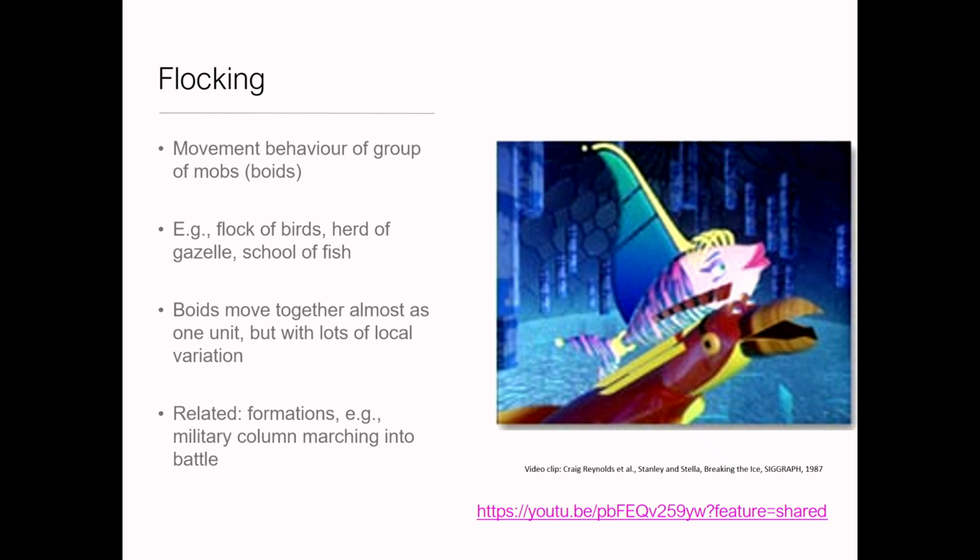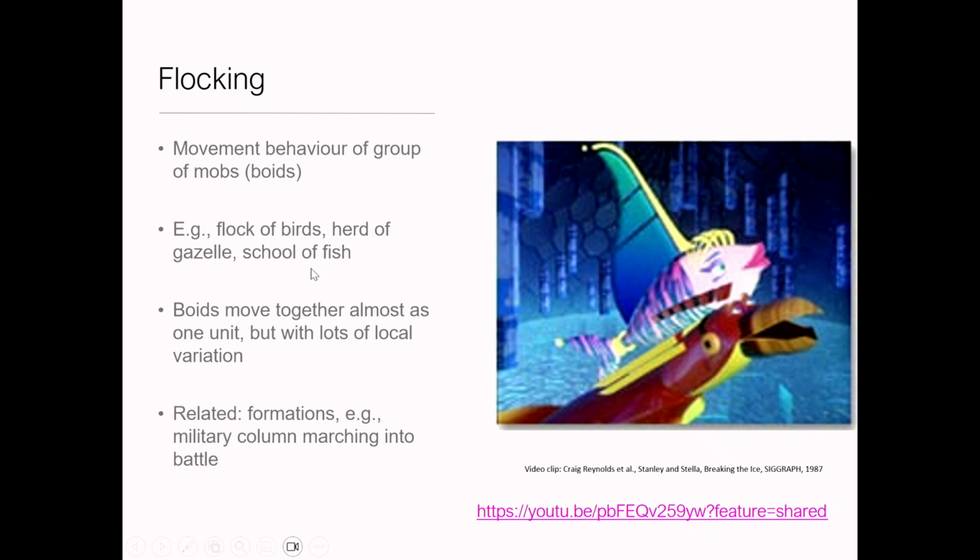The paper you're going to be reading talks about these things called boids. A boid is a play on words of birds. The algorithm designed there was meant to provide a simulation of the behavior of flocks of animals, so a flock of birds, herd of animals, or something similar.